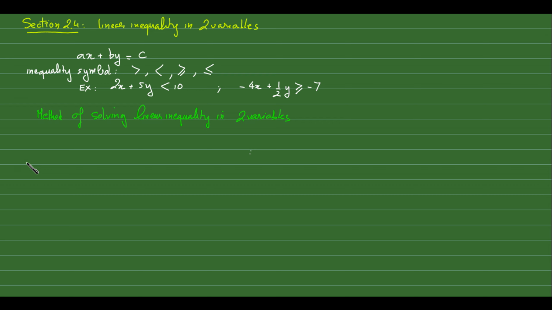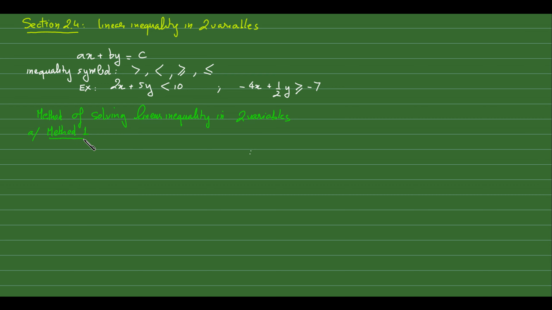All right, and there are two methods. Most of the time I'm going to use the second one, but let me introduce the first one first. First method, method 1. In this method, we're going to pick a point. If we pick a point and we replace x and y with the components of that point, and it satisfies the inequality, then we're going to shade the area that contains that point.